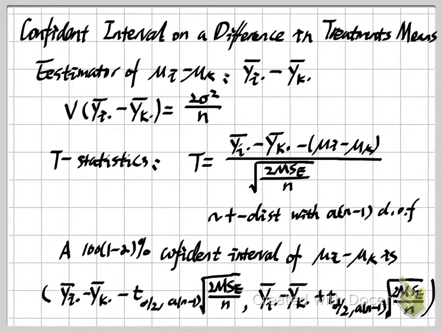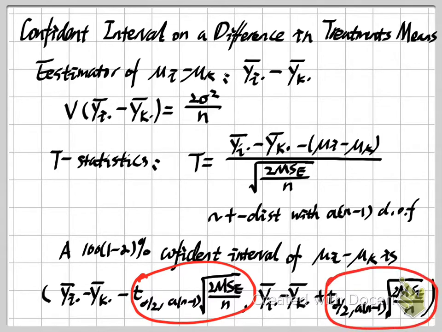The left end point is the difference between our sample means minus this part, and the right end point is plus exactly the same term.